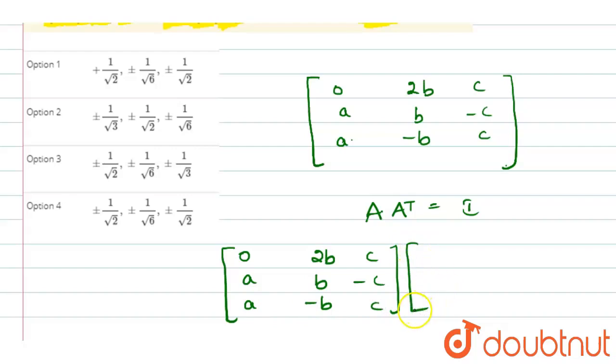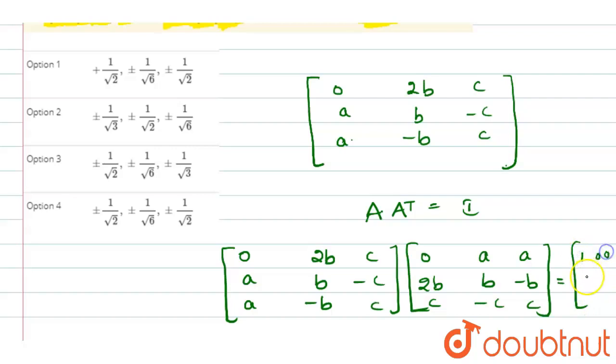That is equal to the identity matrix, which is [1 0 0; 0 1 0; 0 0 1].